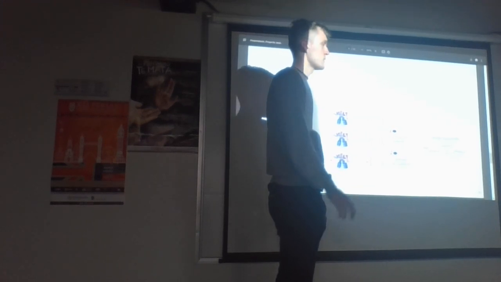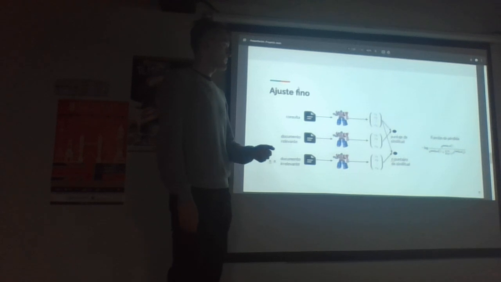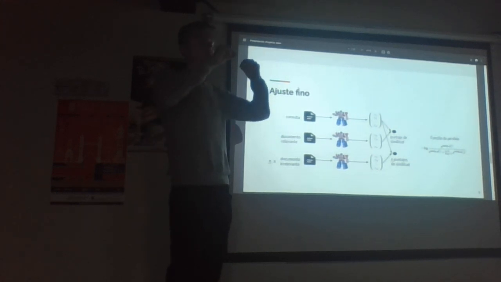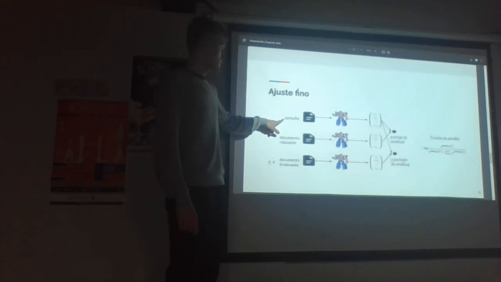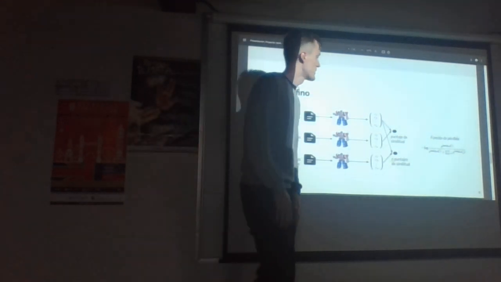The goal is that after training, the embeddings of the queries and the relevant documents are very close to each other in the semantic space, and the embeddings for the queries and the irrelevant documents are very far away in the semantic space.